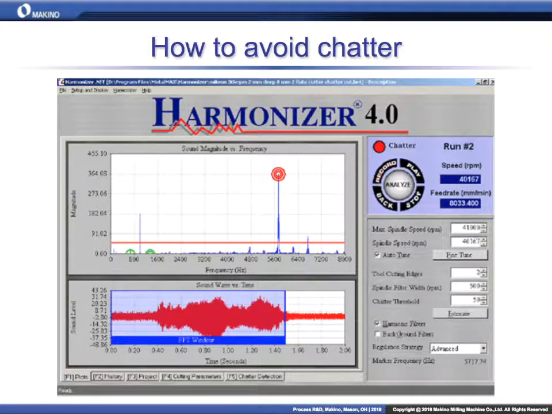This tool helps quantify that so that the computer can say, yes, we've analyzed the acoustical signal and you are chattering. So not only does it detect that you are chattering, this will recommend a new spindle speed to try in order to get to a stable machining.